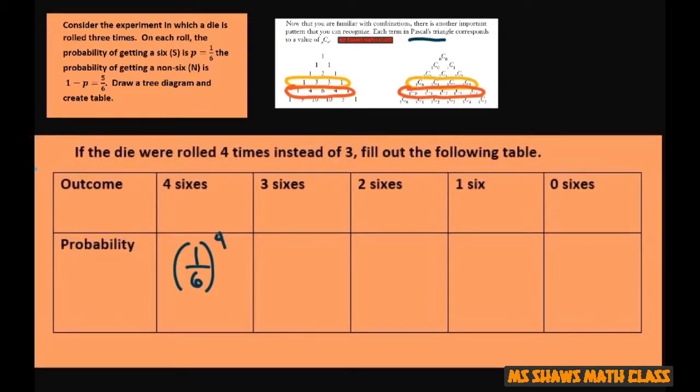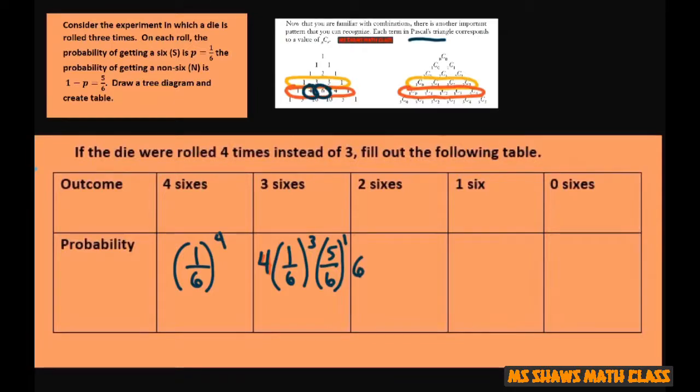So for 3 6s, what we're going to do is 4, and I'm using this 4 right here, and that's going to be 1/6 cubed for 3 6s, but the other one has to be 5/6 to the 1. These exponents should always equal 4. Okay, for 2 6s, now the next number we're going to use is 6.